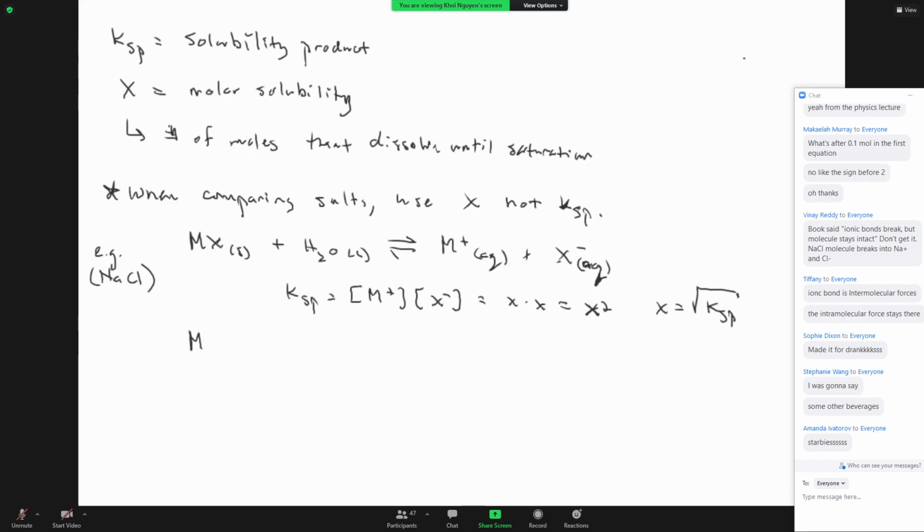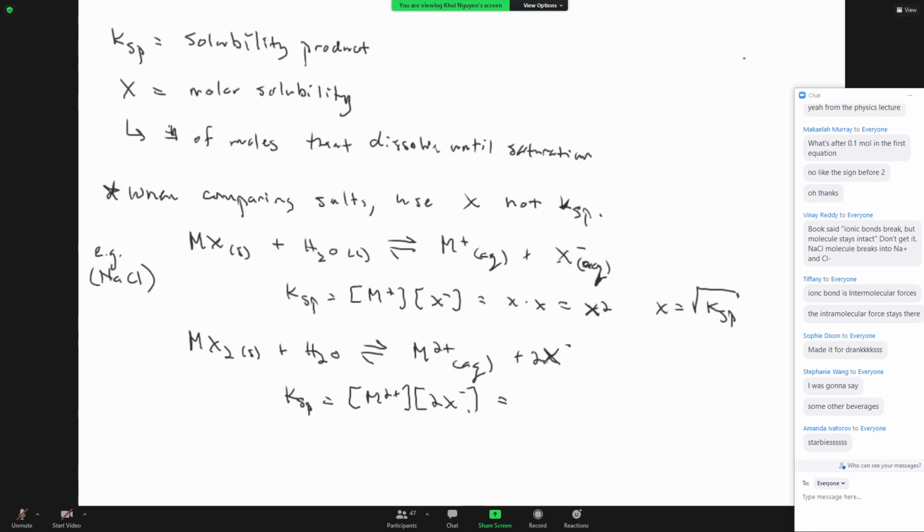The next one is your 3-ion species, right? MX2 solid plus water. So this is your metal dication species, and you're going to get 2 of your halide ions. Okay, so in terms of KSP, you're going to get the concentration of this times 2 times the concentration of this, right?